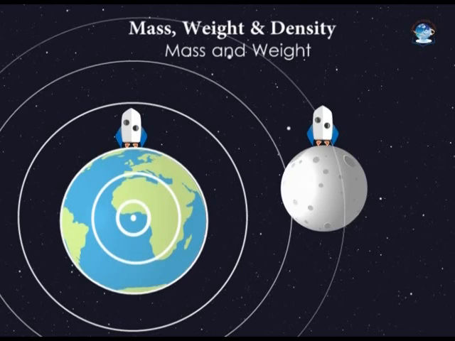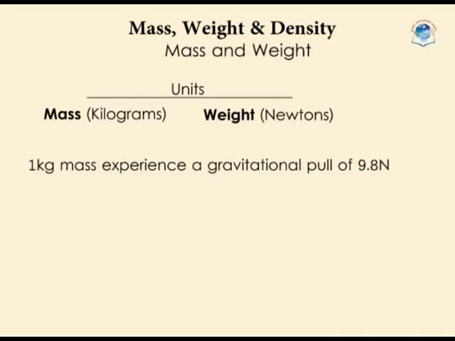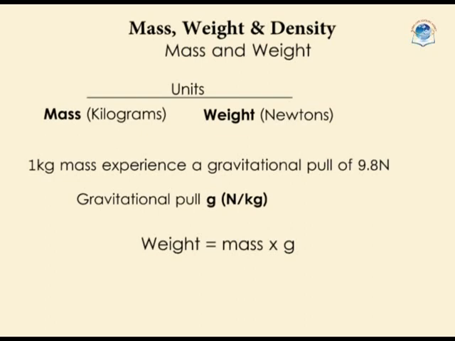It is just like pulling a metal farther and farther away from a magnet. We represent this gravitational pull with g, and therefore weight is equal to mass times g, where g is 9.8 newtons per kilogram.